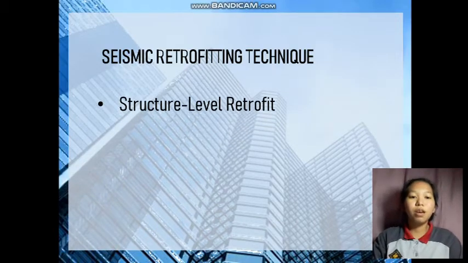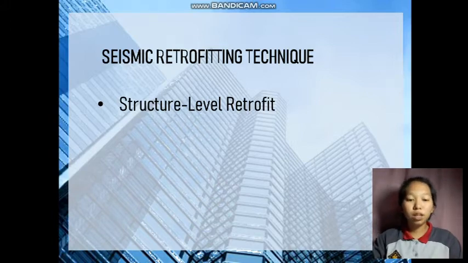The structural level retrofit is commonly used to enhance the lateral resistance of existing structures, such retrofits for RC buildings include steel braces, post tension cables, infill walls, shear walls, masonry infills, and base isolators.